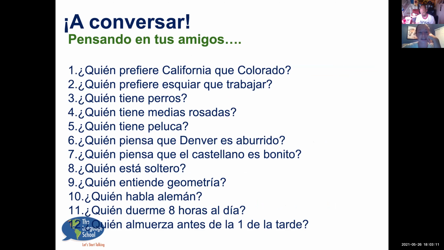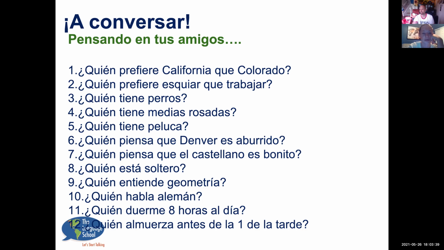Mis amigas Cali y Prisha prefieren California que Colorado. ¿Quién prefiere esquiar que trabajar? Mi novio prefiere esquiar que trabajar.